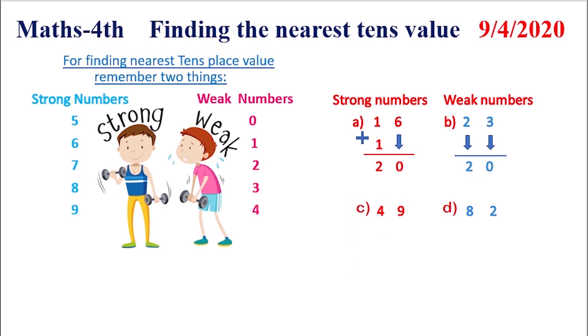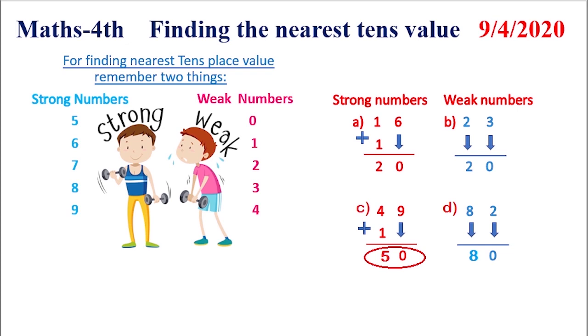Examples C and D, number 49 and number 82. First, convert the ones place number in both numbers to 0. Then follow the same procedure. Add one digit in the tens place if you have a strong number on the ones place.